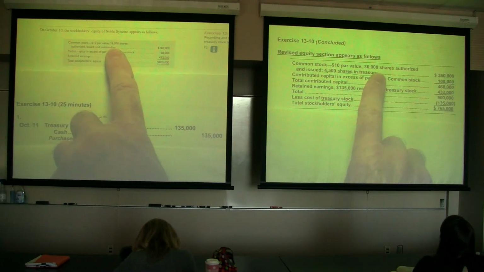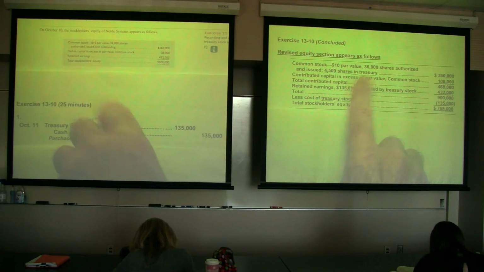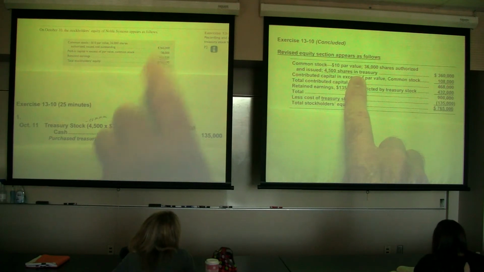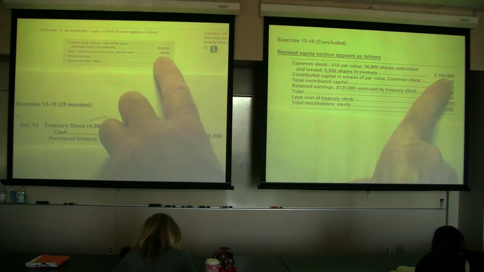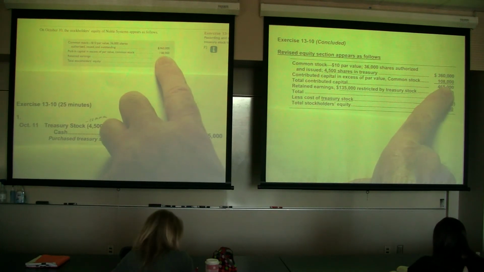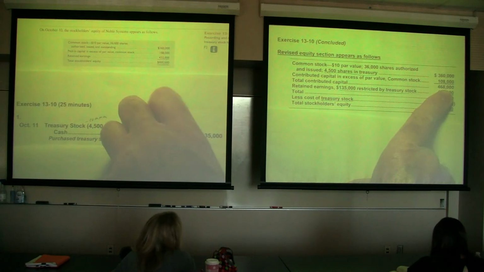$10 par, 36,000 shares authorized and issued. Now you report 4,500 shares in treasury. The 360,000 remains unchanged. Okay? Then you have retained earnings. That stays the same. The total contributed capital, of course, remains the same.